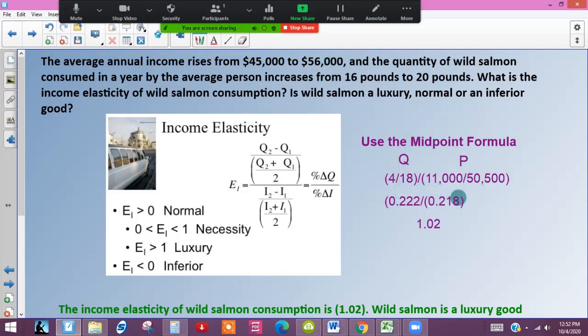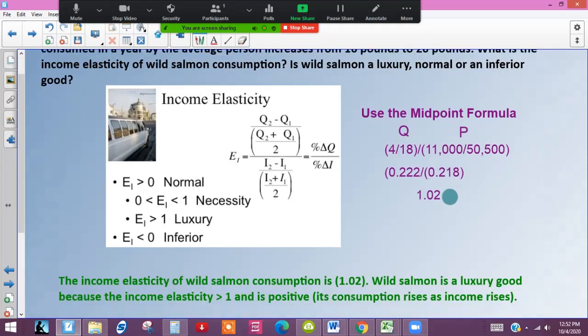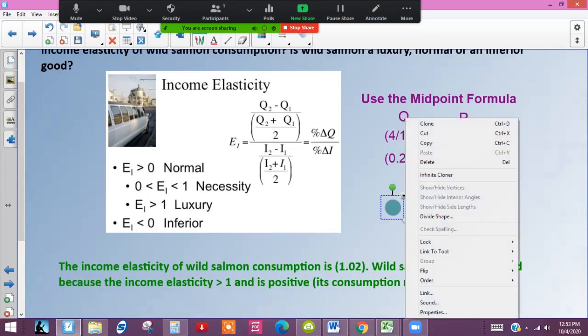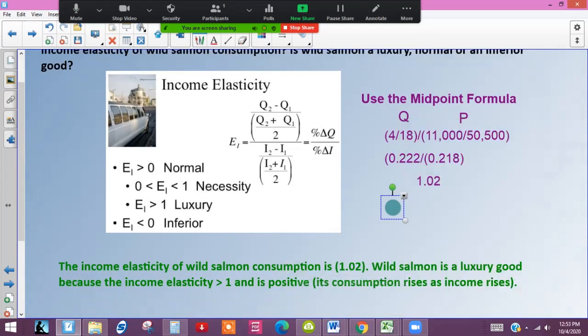We do the math and we compute the income elasticity to be 1.02. So that means that it is a luxury good, because any income elasticity over 1 is going to be considered a luxury. Okay, it's going to be considered a luxury good.